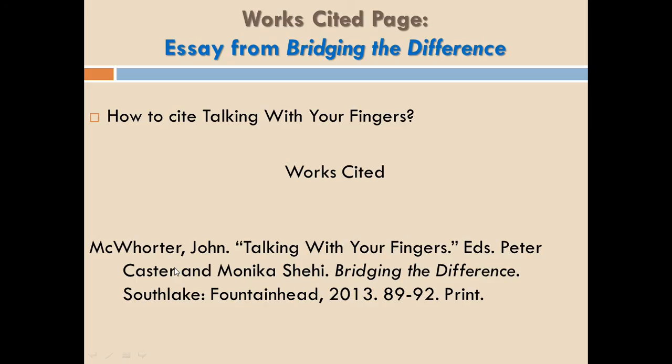If there's more than one, if Joe Smith had helped write this essay, it would be McWhorter, comma, John, and Joe Smith. Why? Because the only time you invert anyone's name is if it's the author and it's the very first thing in the whole works cited entry. So if the name is not this very first thing in the entry, it will always be first name, last name. So don't get confused about that.